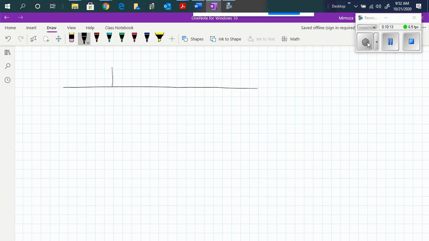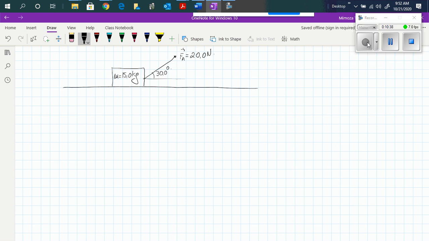So we have an object here with a mass of 15, let's stick with 15 again, just for simplicity. And we have a force applied that is 20 newtons at an angle with the horizontal of 30 degrees.